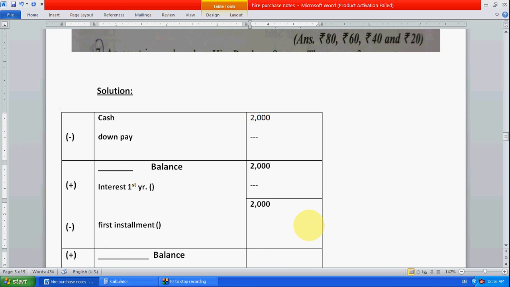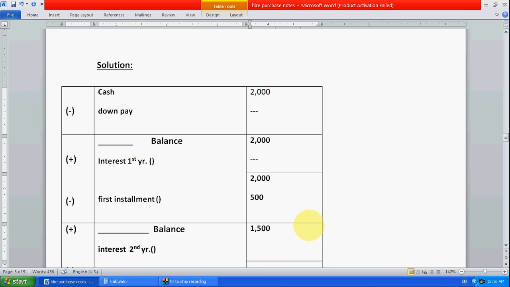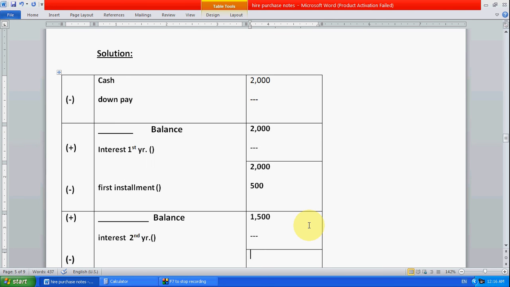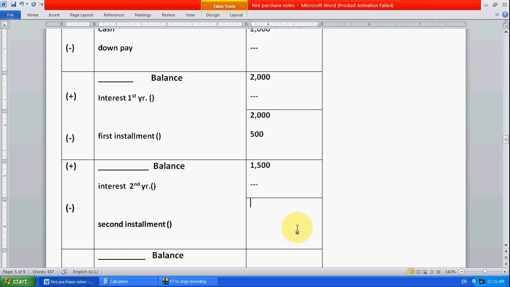The first installment is 500, then the balance is 1500. Now what do we have to do? We have to pay the interest, but we don't have any interest. The balance is 1500 only.